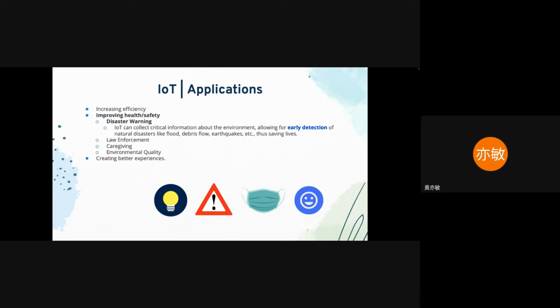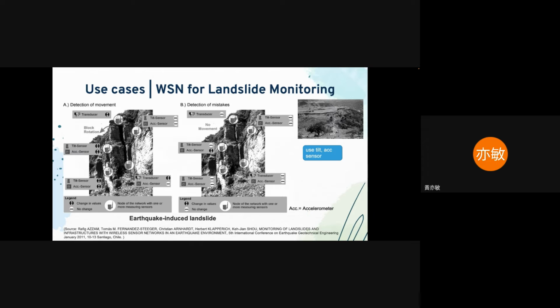And the most important concept is early detection. We need to have an early warning as early as possible, such that we can set up a time window which is long enough for people to evacuate from the dangerous zones.